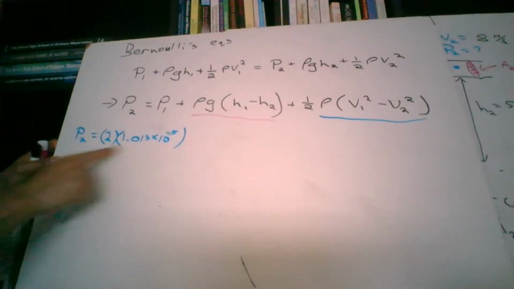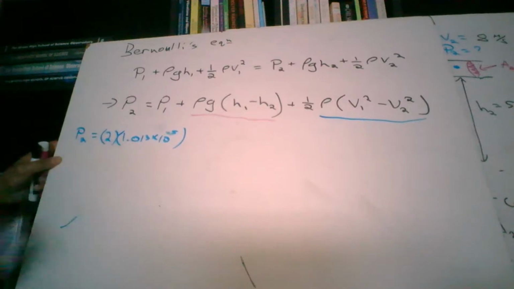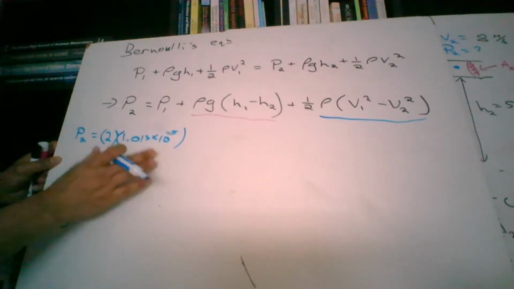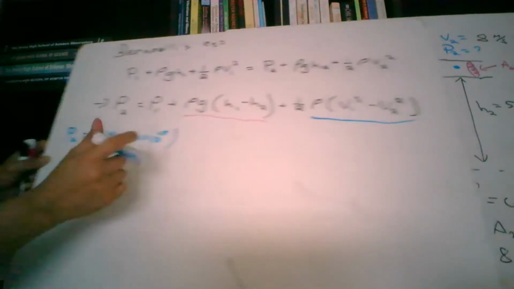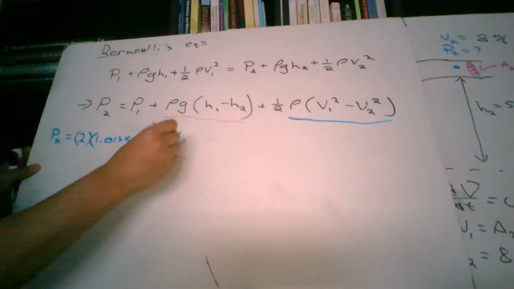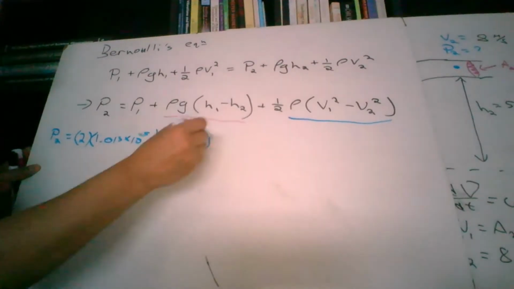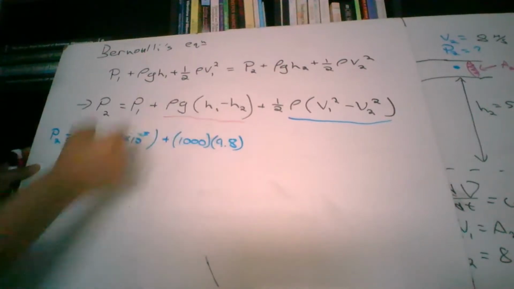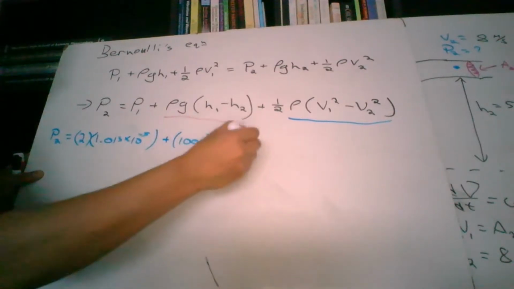So when you do 2 atmospheres times this, it becomes a pascal, or Newton per meter squared. And then we're going to add to it the density of water, which was 1,000, times gravity, which is 9.8, times H1 minus H2, so that's 0 minus 5.